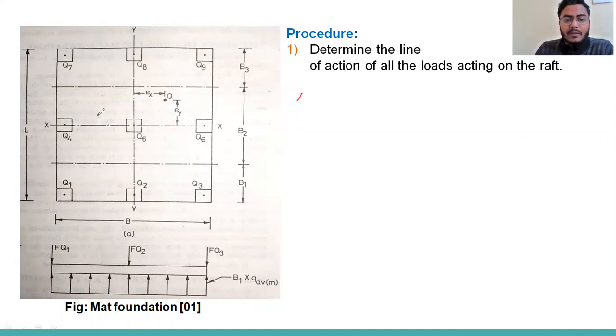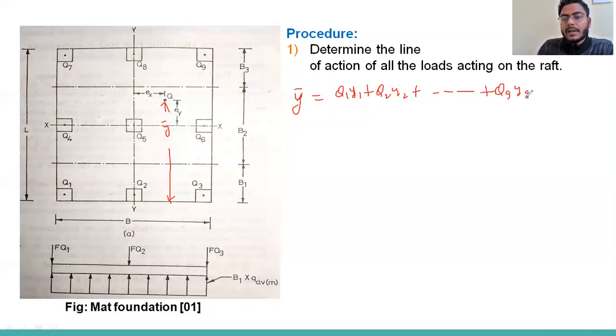First, we can calculate Y bar: Q1 Y1, Q2 Y2, up to Q9 Y9, divided by Q, the summation of all 9 loads. Once we have the Y bar, we can calculate EY, the eccentricity in Y direction. This length is L by 2, so EY will be Y bar minus L by 2.